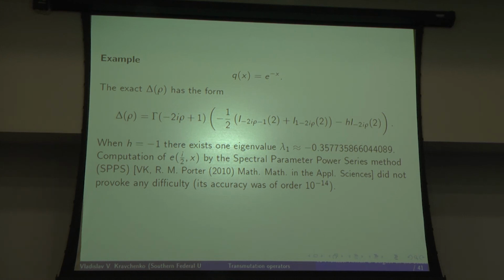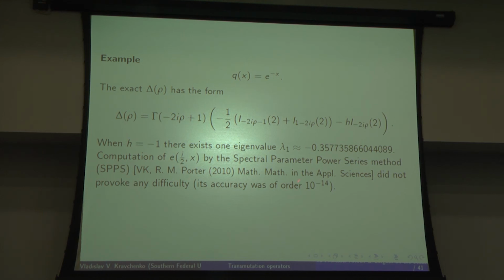For example, if the constant h is equal to -1, in this case there exists one eigenvalue, which is approximately this number. So we first compute this Jost solution for this value of the parameter rho by using the method from our paper of 2010.